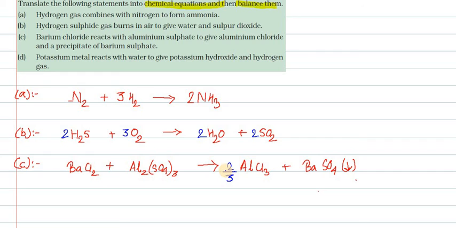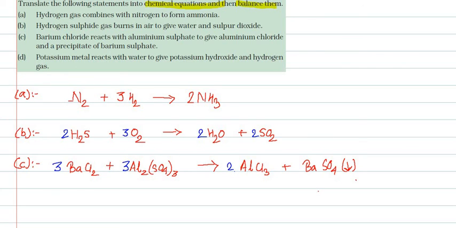But 2 by 3 is not a whole number, so we multiply 3 on both left and right hand side so that 2 by 3 becomes a whole number. So if we multiply 3 here, we get 3BaCl2, then we have 3Al2(SO4)3, then this 2 by 3 multiplied with 3 will become 2.